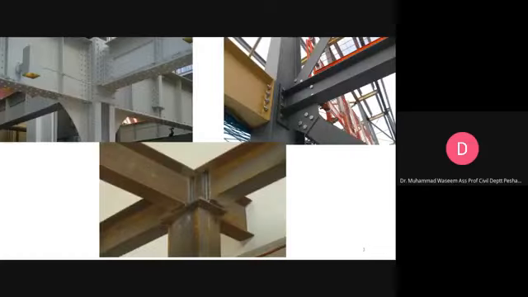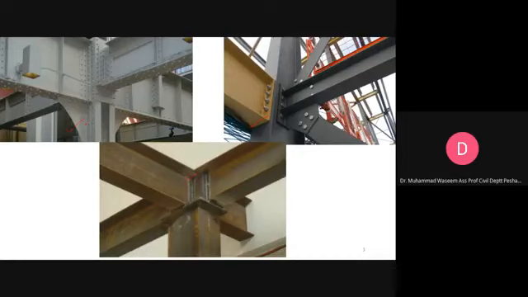Now you can see in these three pictures, if you have this kind of structure or joint in a structure, you should recognize that this is riveting, this is bolting, and this is welding.